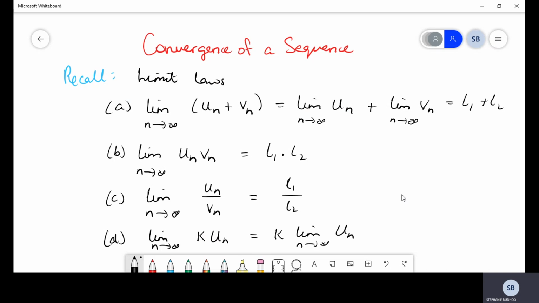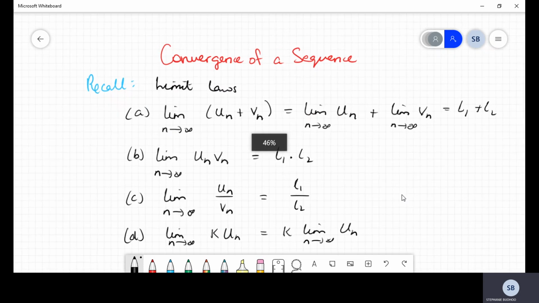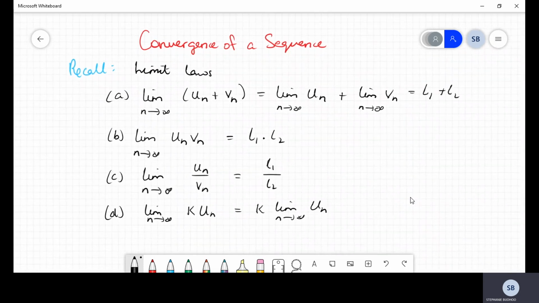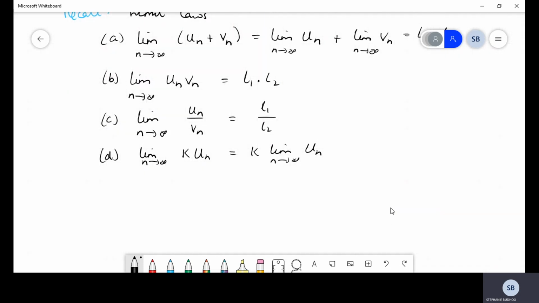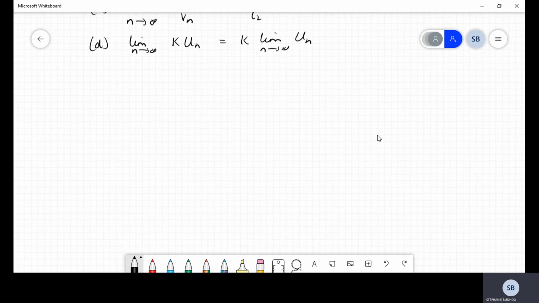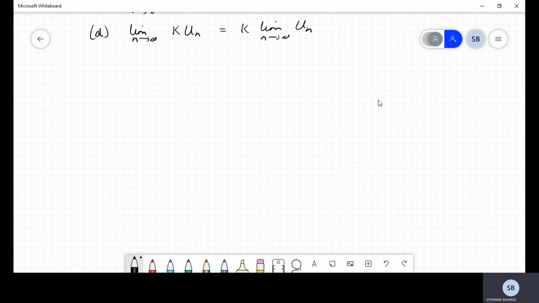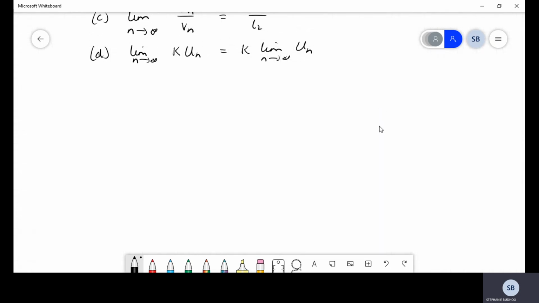So recall these main limit laws before you move forward. It might also help to recap a bit of limits from Unit 1 before moving forward into convergence of a sequence in Unit 2.